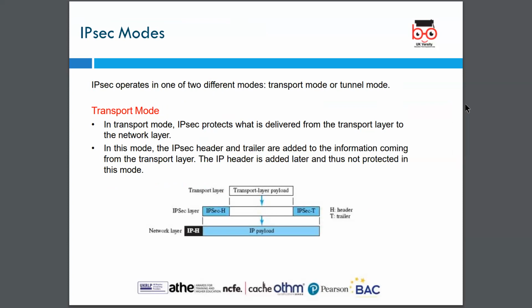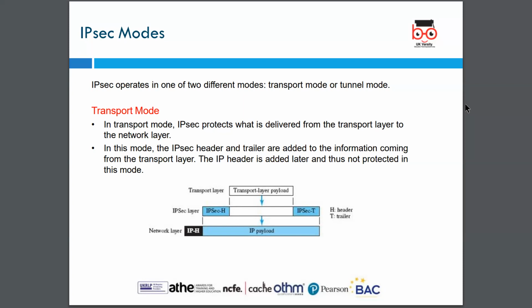Now we're looking into IP security models. IP security operates in one of two different modes: transport mode and tunnel mode.